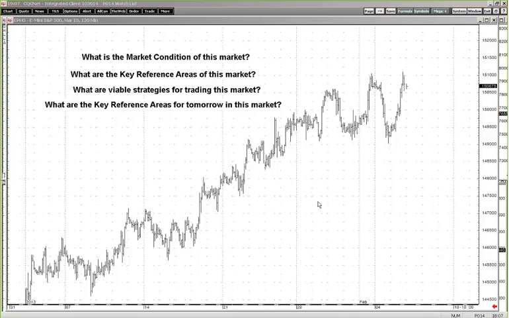I guarantee you, if Troy and I were to take this and annotate it, our annotations would be identical. How we might trade it might be a little different, but the information we would derive from this chart, we would view the same way. So while this is a discretionary methodology, it is unique in that it is incredibly consistent and robust.